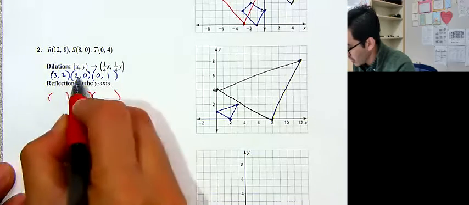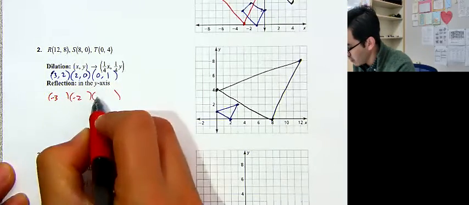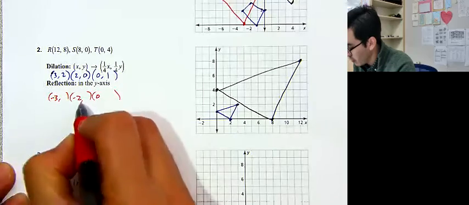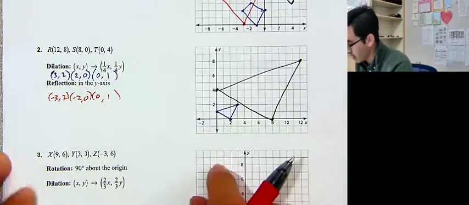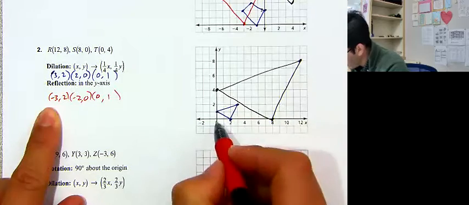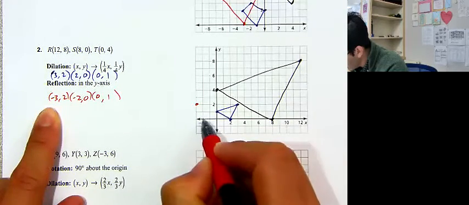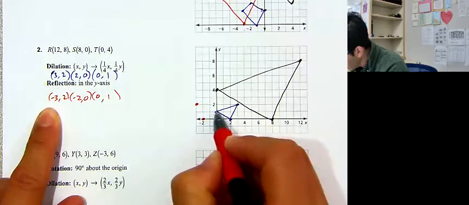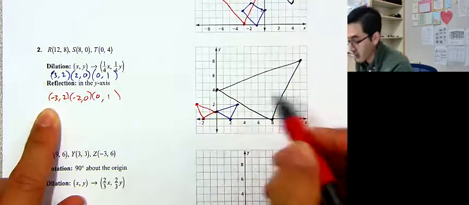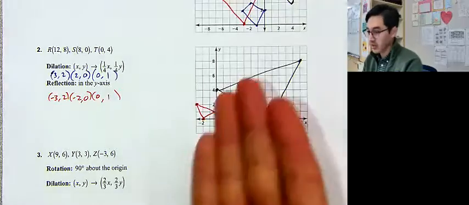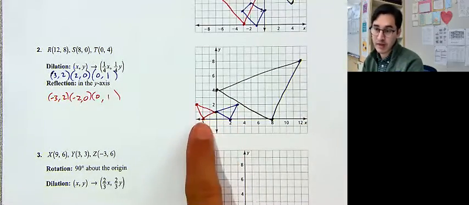So let's change the signs of all the x-coordinates, -3, -2, 0, and then we'll keep the y-coordinates the same, 2, 0, and 1. Okay, so now we'll have -3, 2, -2, 0, and 0, 1. Okay, so we've literally just flipped the blue triangle from the right side over to the left side.